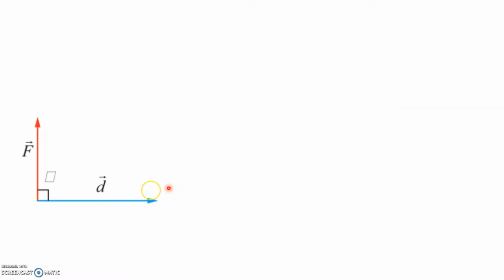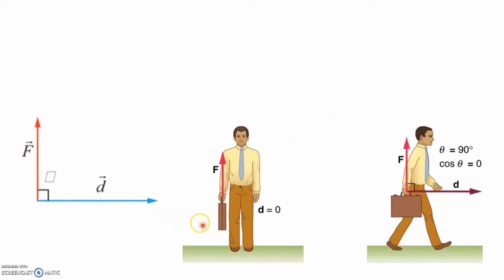Then let's take a look at the second case. Here you have a man carrying a briefcase. The briefcase is carried because of the force applied in this direction by his hand. There is gravity pulling it down, but this force F keeps the briefcase from falling. Now the man is moving and the object is moving, but this force doesn't have any impact on it.